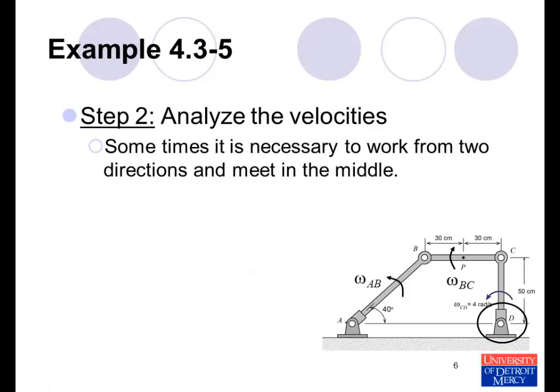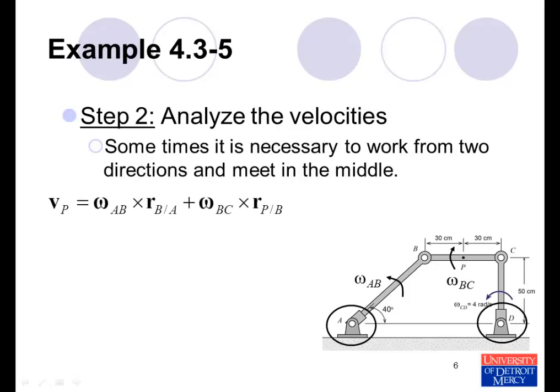So the solution is to find another equation for the velocity of point P. And basically we're going to start from another point whose velocity we know, point A, and meet in the middle. So we already have a relationship starting at point D, and we're going to get a second relationship starting at point A, and then between those two we'll have enough relationships to solve for the unknowns.